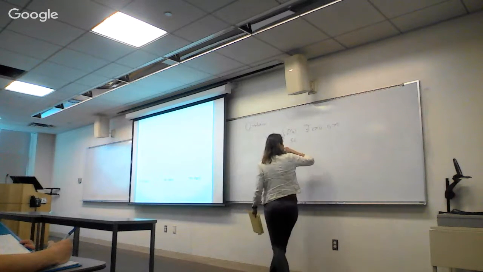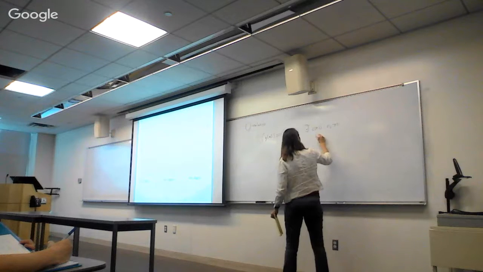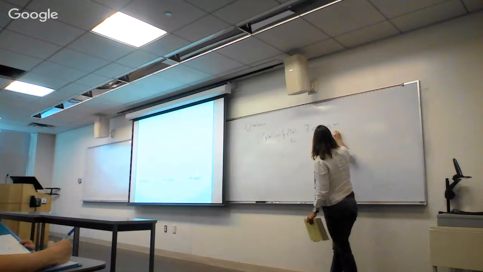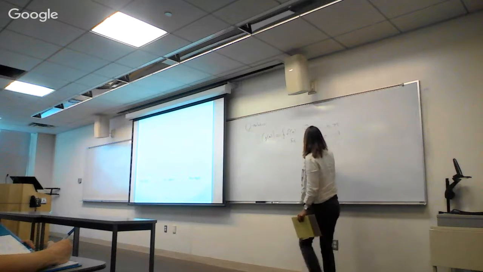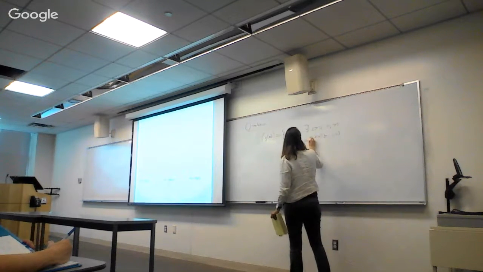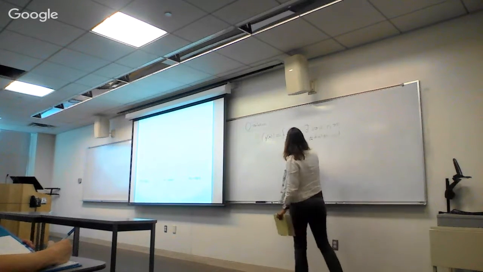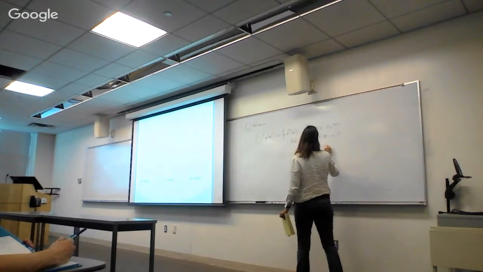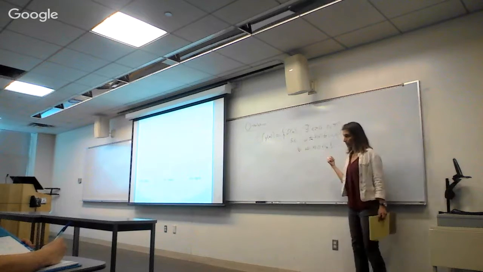So such that f of n is always going to be upper bounded by c times g of n for all n above that threshold n naught.